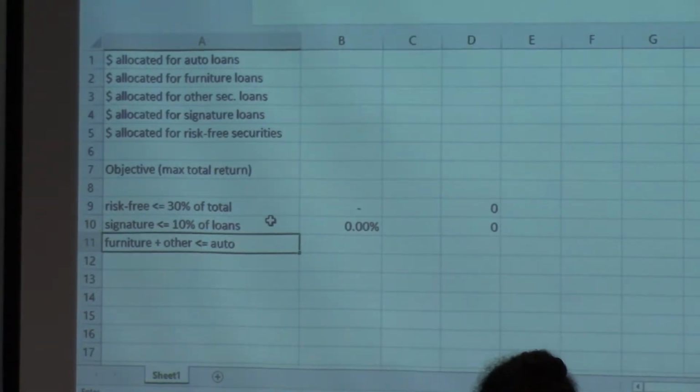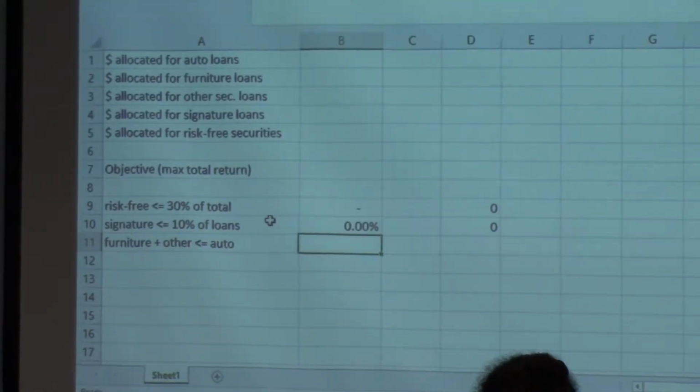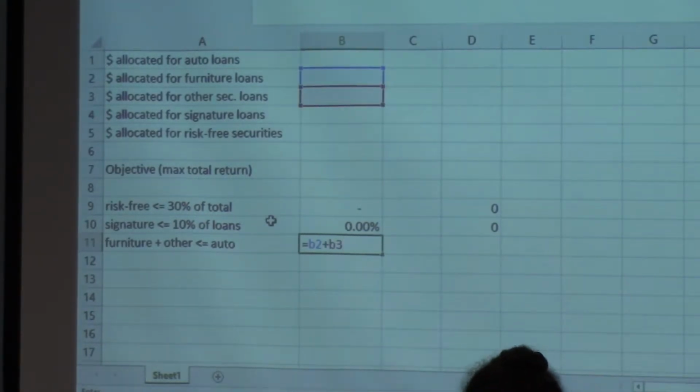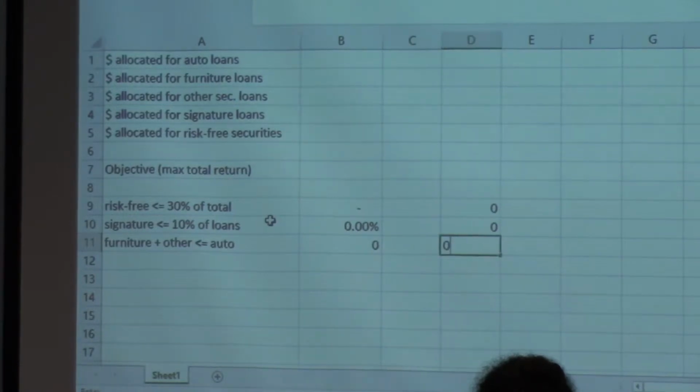This is going to be a little bit easier transformation. We can just do the furniture, which is B2, plus the other, which is B3, and now we can just subtract the auto, B1, to move it to the left-hand side. It has to be less than or equal to 0.